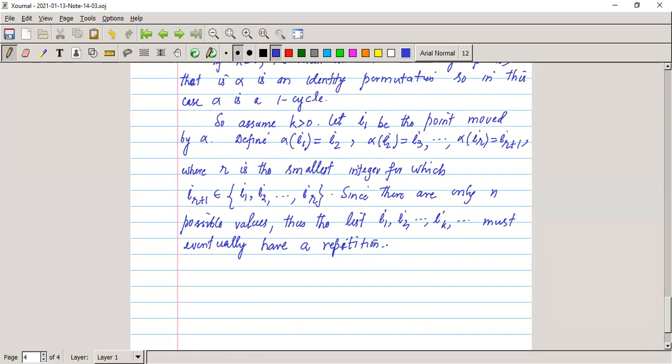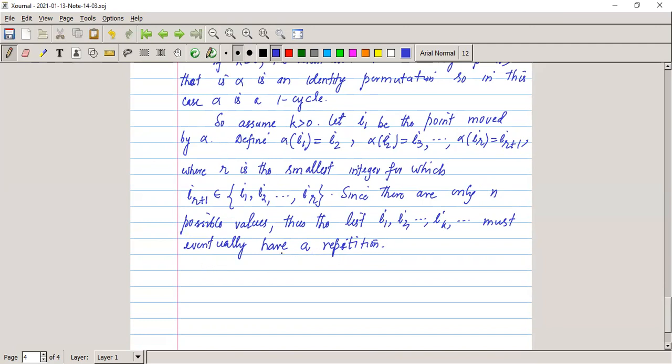So when it has a repetition, we will reach a stage where some alpha of IR will be some Ij, where j lies from 1 to R.